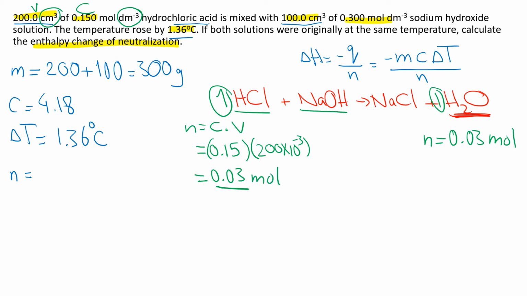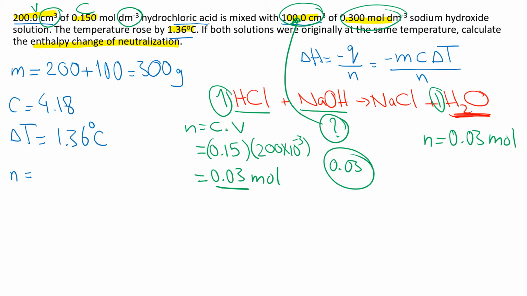One of you will tell me, should we calculate the number of moles of NaOH from the volume and the concentration? Yes, we are supposed to do that. Why? Because maybe we have a limiting reactant here. But if we calculate it in our problem, you will find that the number of moles of NaOH based on the data given here is 0.03 moles.